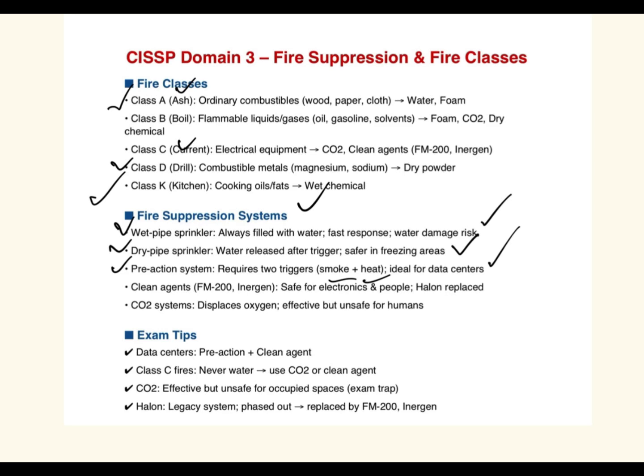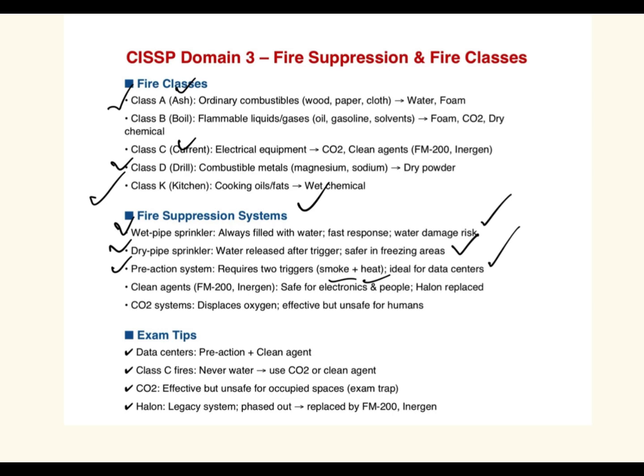We might see a slight delay, but it is great for data centers and areas where you want to avoid accidental discharge. For example, a single faulty smoke detector wouldn't flood your server room because the sprinkler head still needs to open. Both conditions should be true in this particular case.